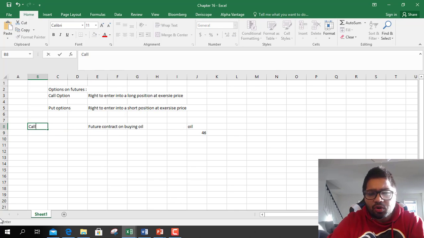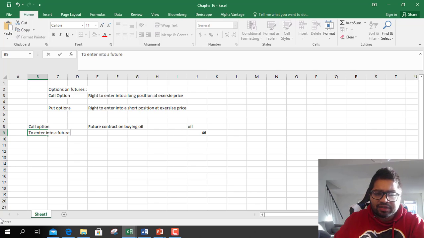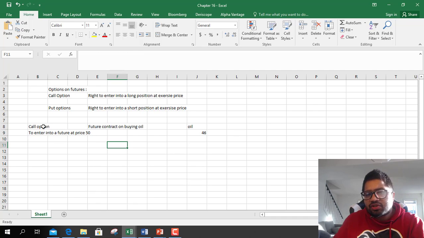You can buy a call option on this, which allows you to enter into this future contract at, let's say, a price of 50. So the call option gives you the right to enter into this future contract on buying oil, not the original oil price.